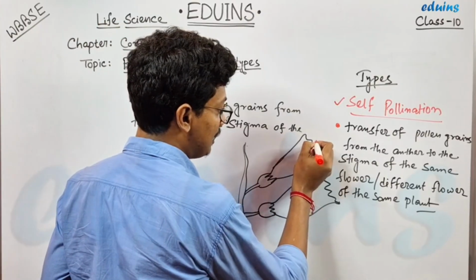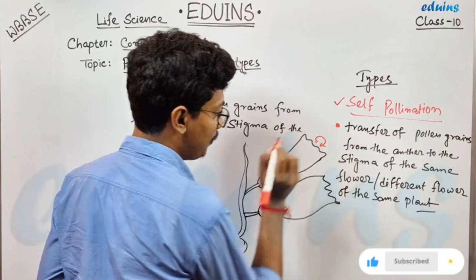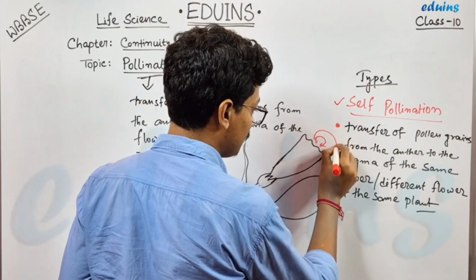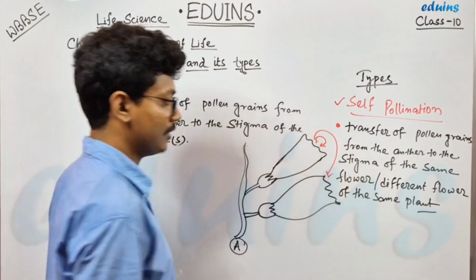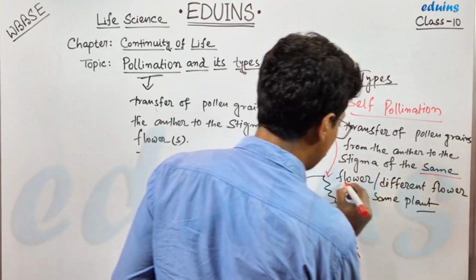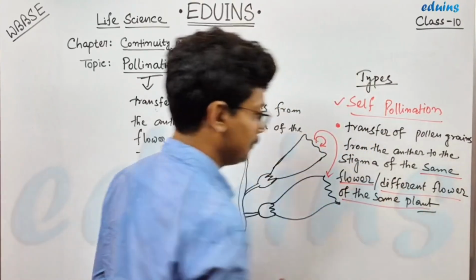So the pollen grains may be transferred from the anther to the stigma of the same flower or to a different flower of the same plant.